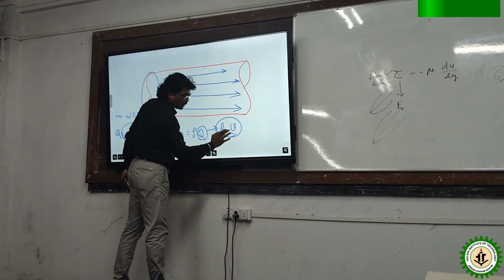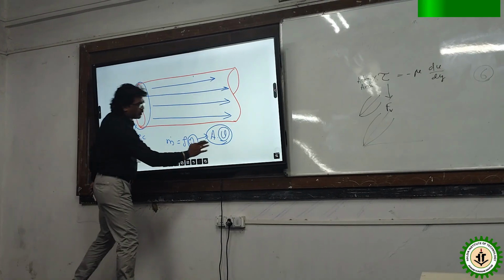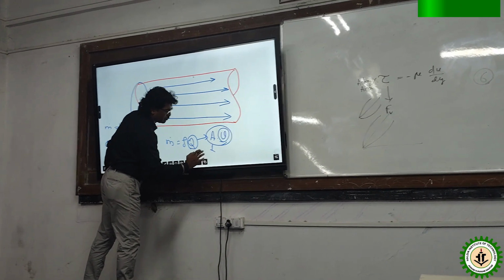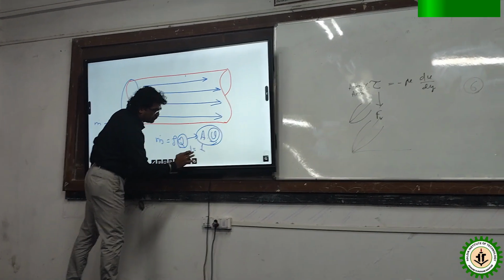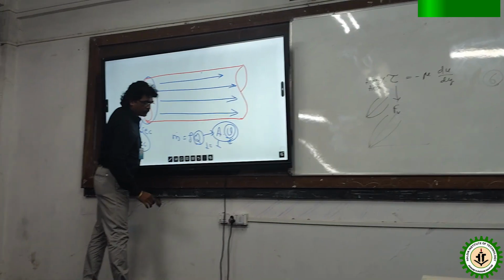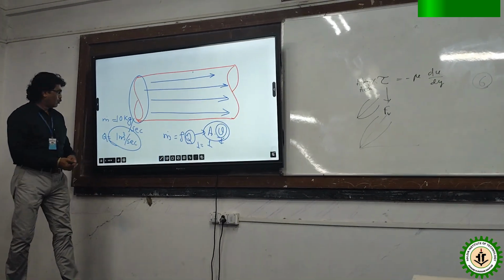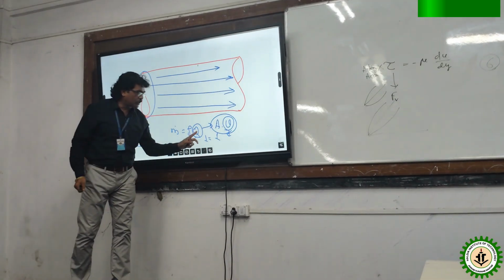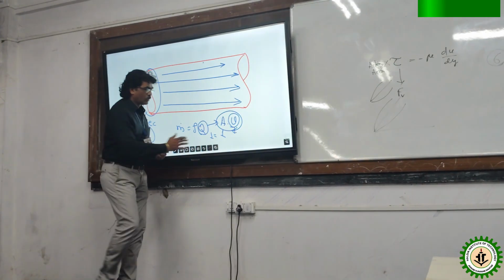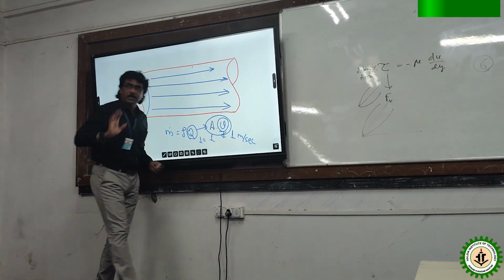Let the volumetric flow rate be 1 meter cube per second, and the area will be 1 meter square. So what will be the value of velocity? 1 meter per second.